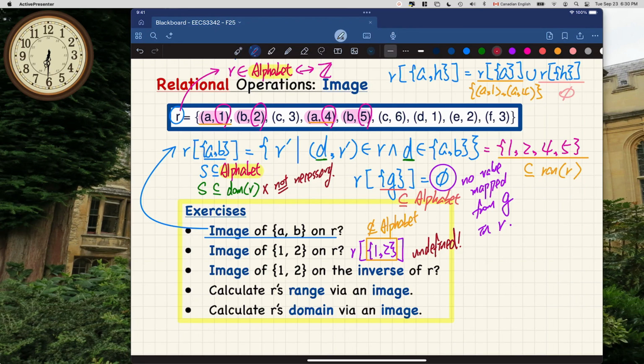Yes, that's correct. Just 1 and 4. Yes, I agree. Sorry, that's also another mistake made by me. Thank you so much. 1 and 4, because it should be a subset of the range. Thank you. Good.